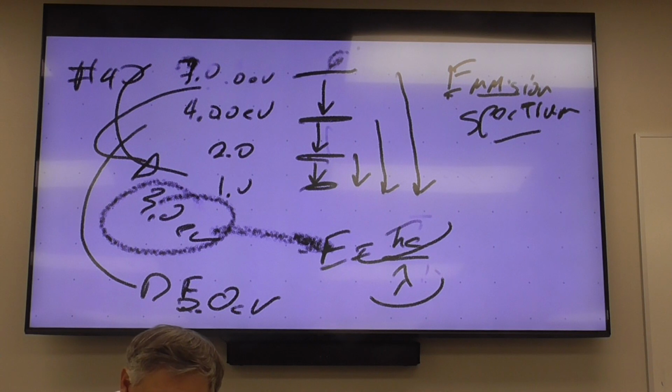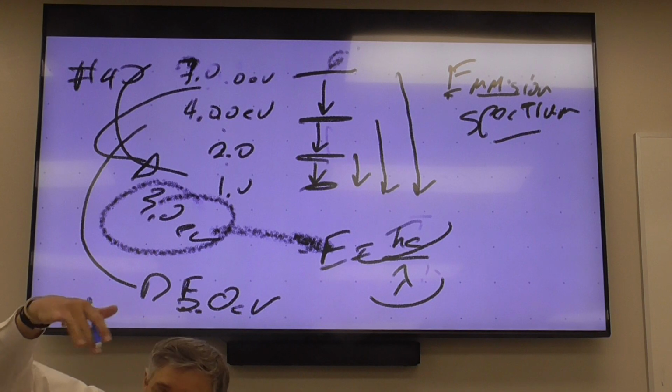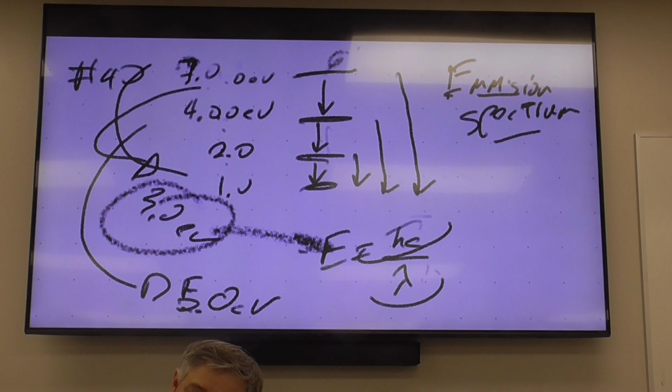On the way down, you can go from 7 to 4, 7 to 2, or 7 to 1, okay? Now, if you get to 4, you could go from 4 to 2, that's a 2 electron volt difference. You can go from 4 down to 1, that's a 3.